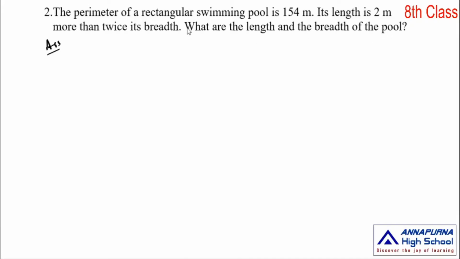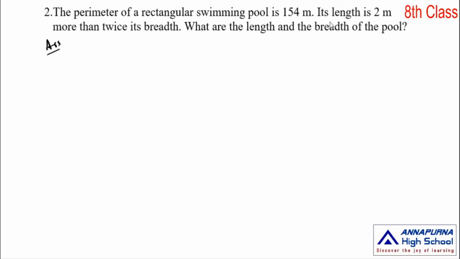So first identify what is given in this word problem. The perimeter of a rectangular pool is given. It's 154 meters and its length is 2 meters more than twice its breadth. What are the length and breadth of the pool?